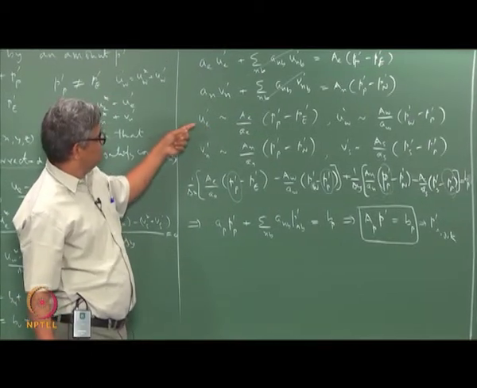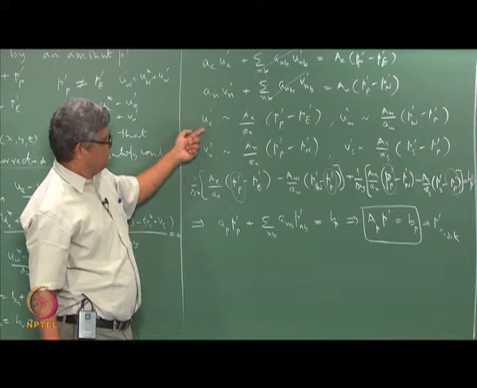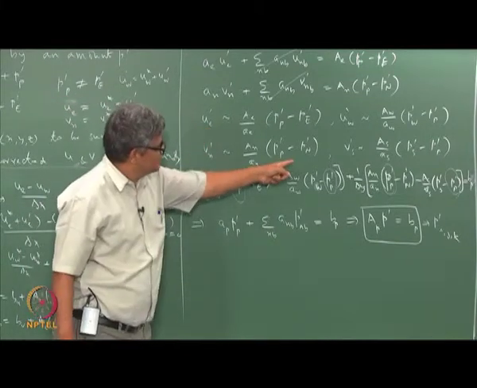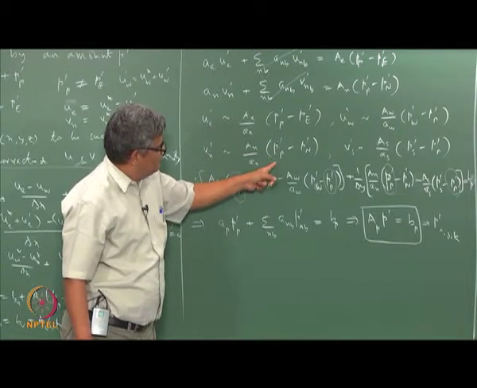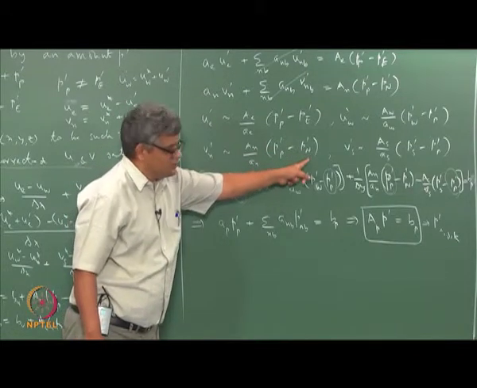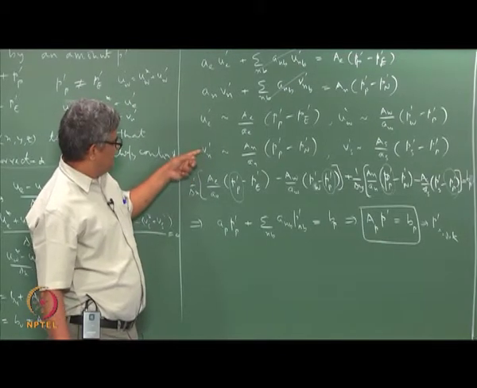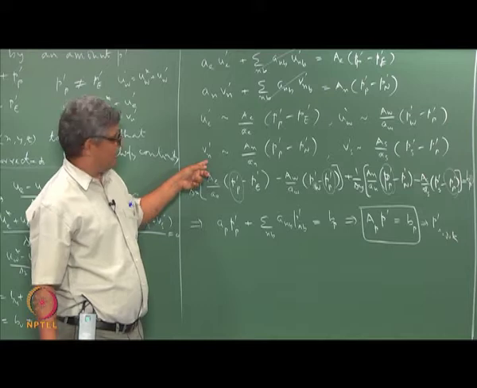That is, we can get the velocity correction U prime at i plus half jk, and similarly we can substitute Pijk and Pi j plus 1 k here to get the velocity correction V prime at i j plus half k.